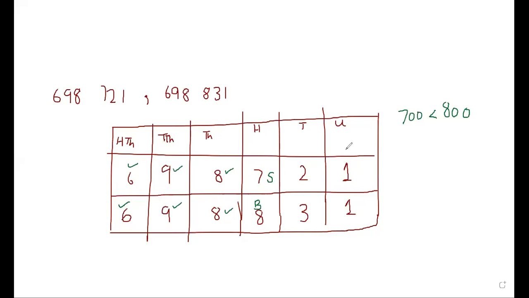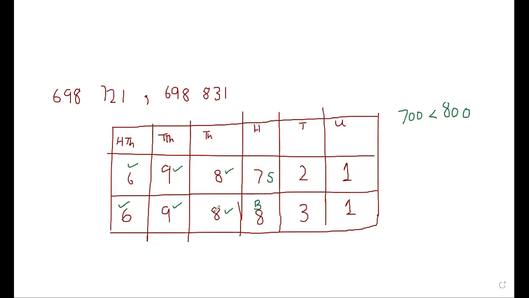Now the third step. We have done the second step. In the third step, what we have to do, we see that the numbers in hundred thousands are both same, and the 10,000 are both same, and the thousands are also same.